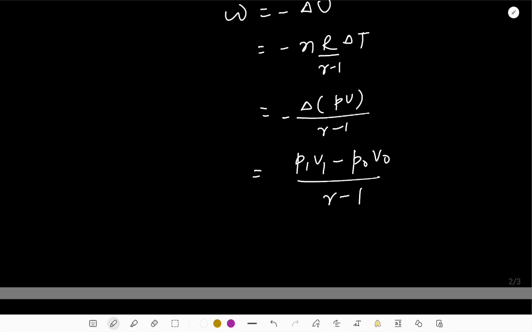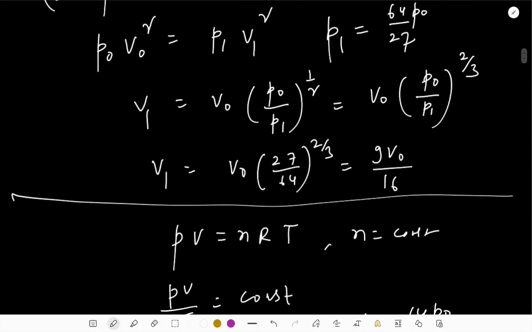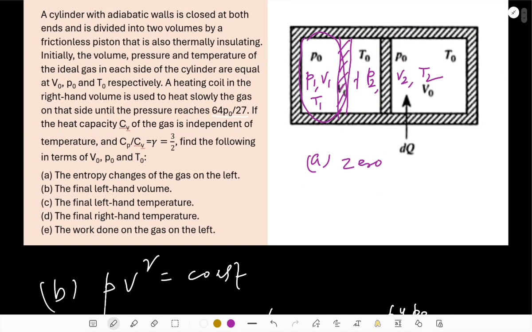So though this value will come with a minus sign, that means work is being done on the gas. This is not the work done by the gas, and the question in this problem was work done on the gas.